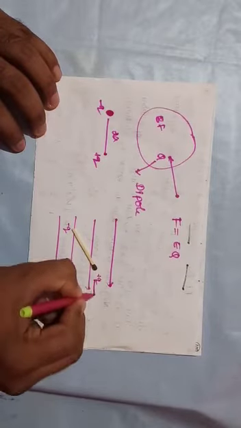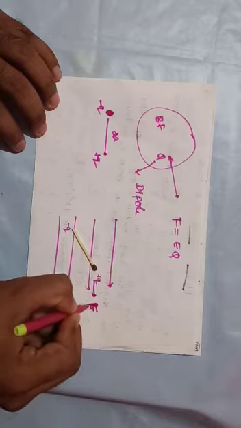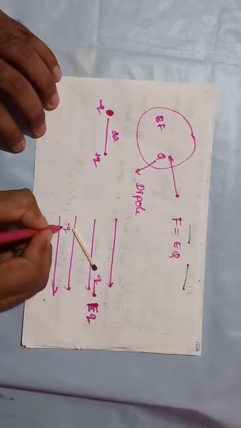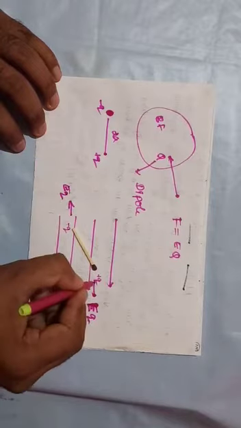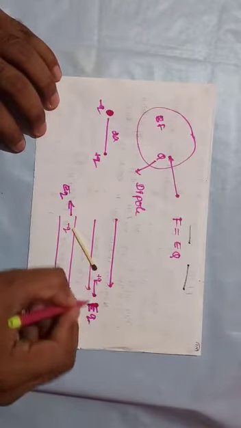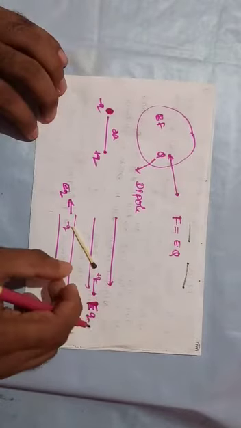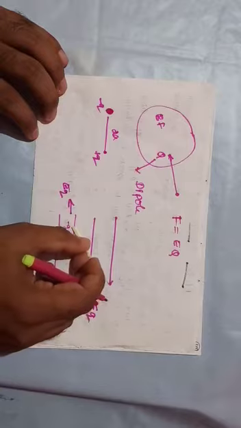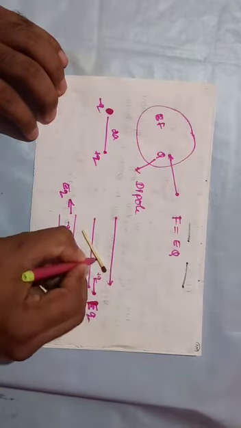Along this direction is the electric field, so the force due to this charge will be F equals E into Q, and here it will be along the opposite direction, E into Q. As both the charges are equal and opposite, they will produce forces in two different directions. Due to these two equal and opposite forces, this dipole will oscillate with an angle theta.